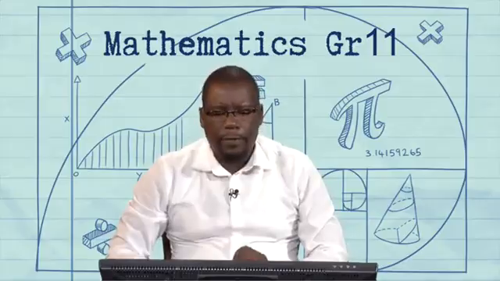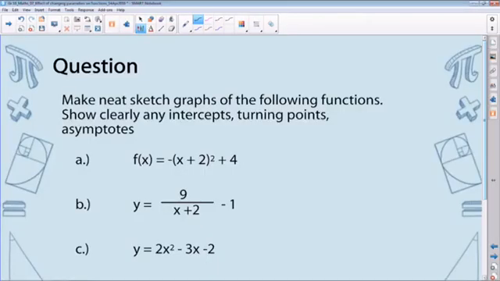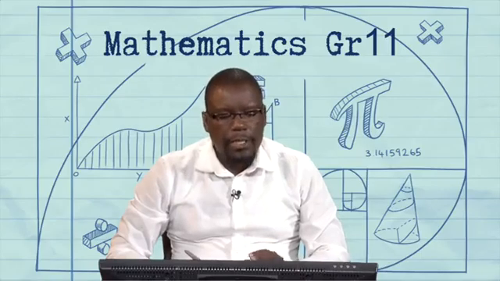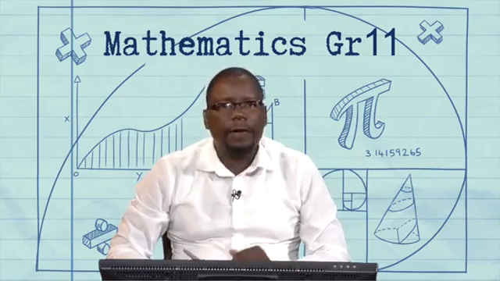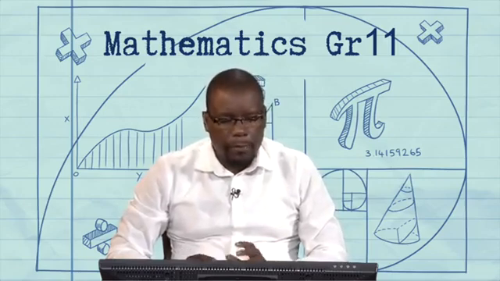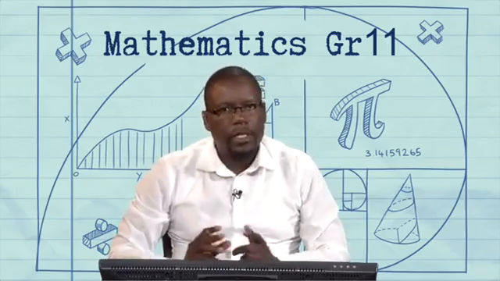So what I'm going to ask you to do is to make neat sketch graphs of the following functions, showing clearly any intercepts, turning points, or asymptotes. We've spoken about asymptotes last year. I'm giving you 3 minutes to work on these problems, and then we take a break, and after the break, we're going to be doing them together. Let's take 3 minutes.